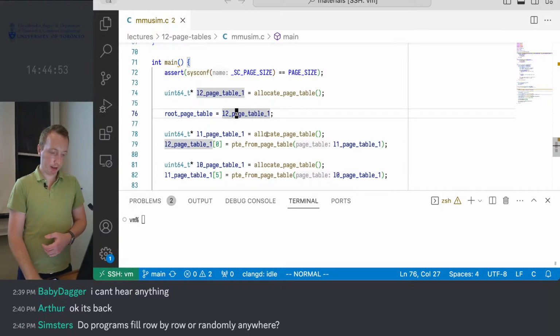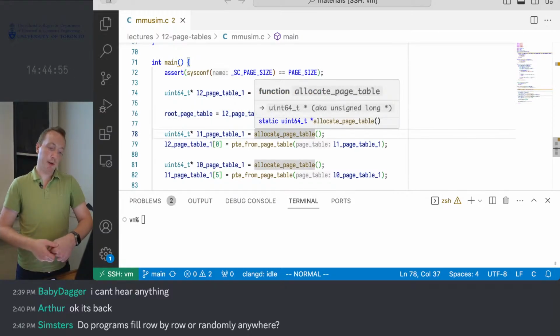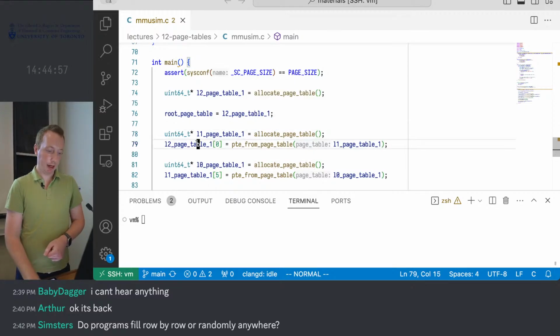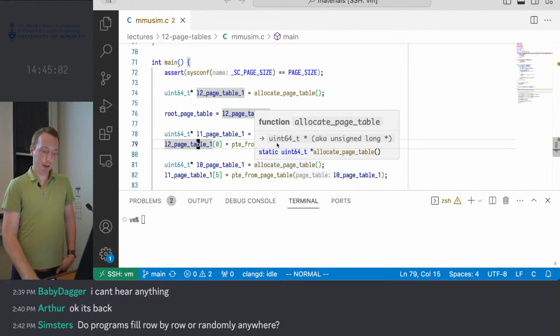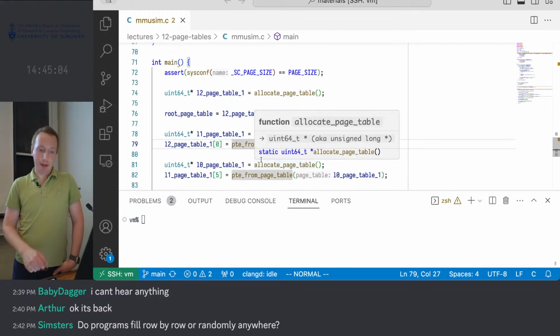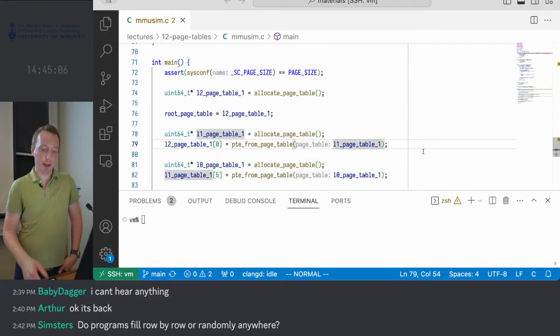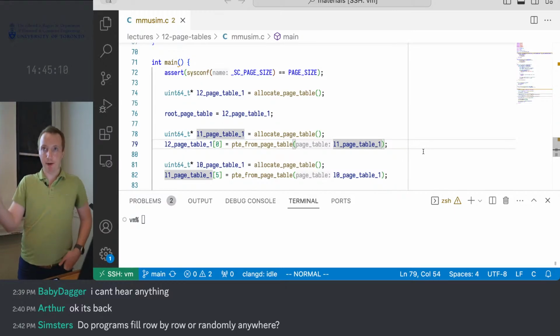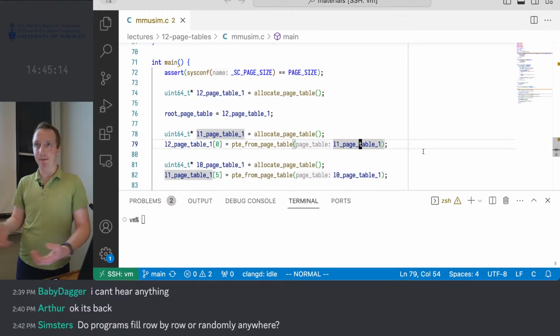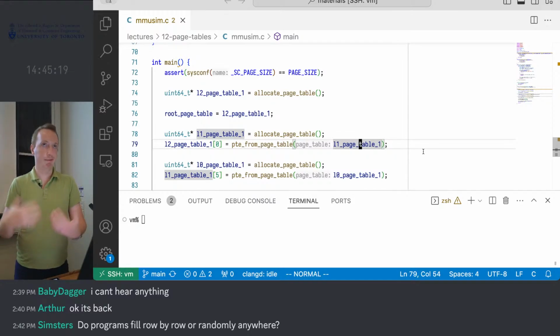So I tell it what it is, then I create an L1 page table, and then here at index 0 of my L2 page table, I create a page table entry to essentially point to that L1 page table. This macro just plays with the bits in order to extract the physical page number from that address for you.